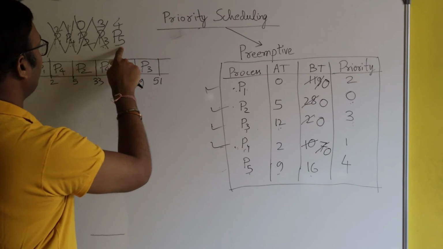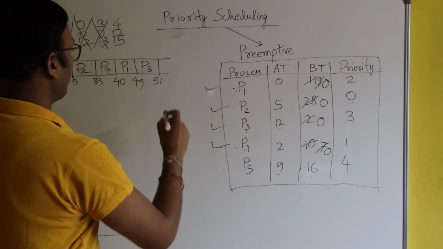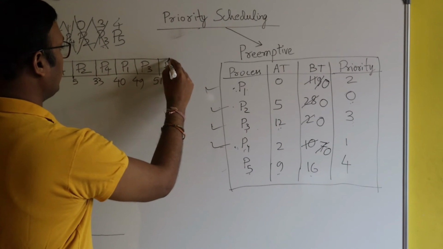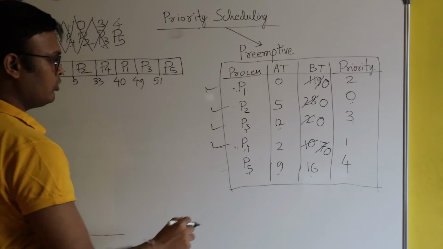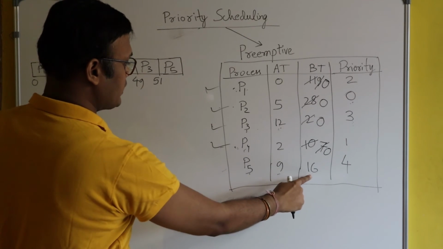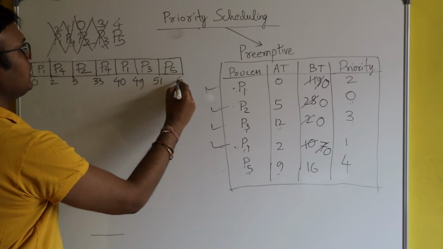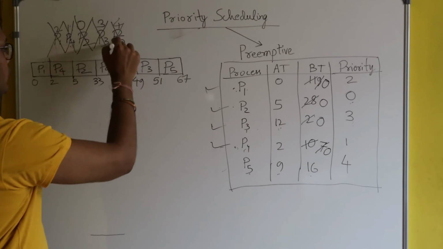I guess it's P5. Yes, only P5 is left. So here P5 will run. Since no other processes are there, P5 will execute fully. So what's the burst time of P5? 16 seconds. So 51 plus 16, 67. So it's over.